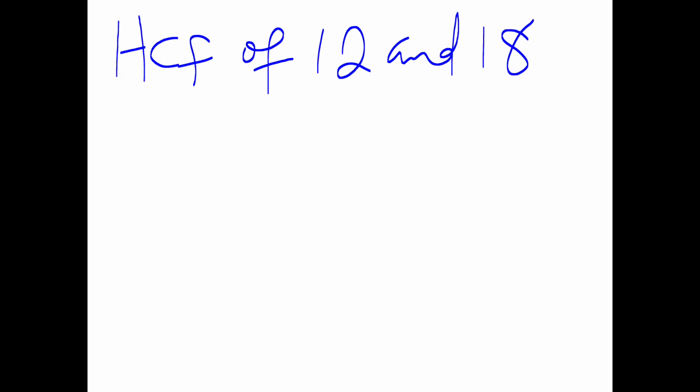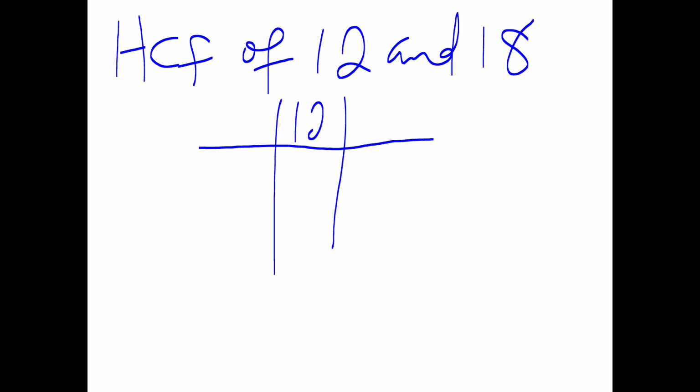Here I'll be showing you the other method to find your HCF of 12 and 18 without listing out the factors. So you draw out your vertical and horizontal line just the way I am doing. When you draw out your vertical and horizontal line, you input your numbers 12 and 18.